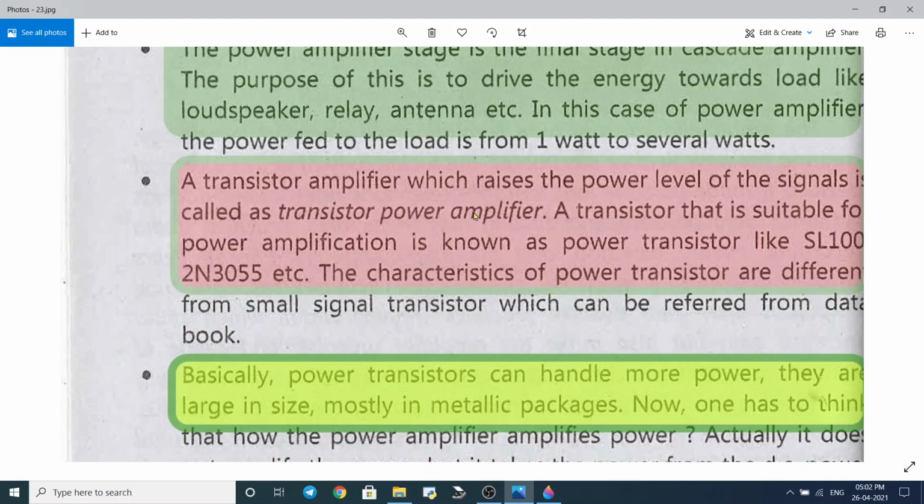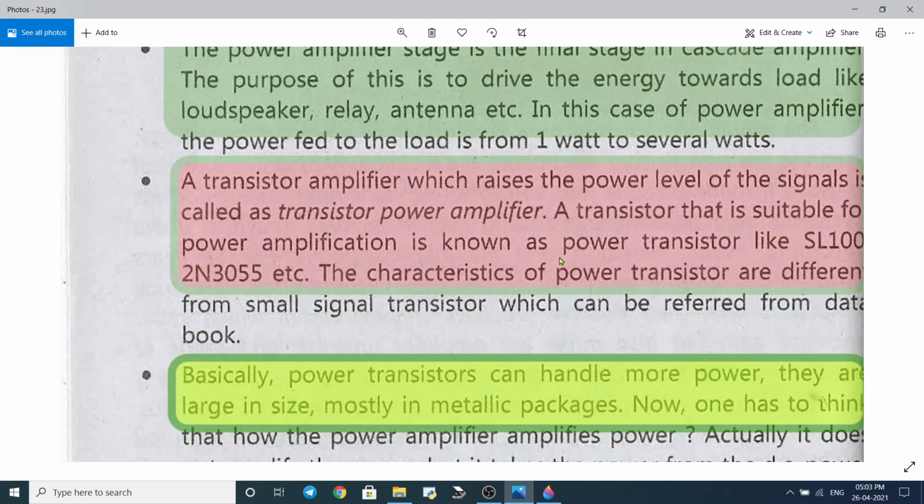An amplifier which raises the power level of the input signal is called a power amplifier. And the transistor that is suitable for power amplification is known as a power transistor. So we have to use power transistors in a power amplifier circuit.